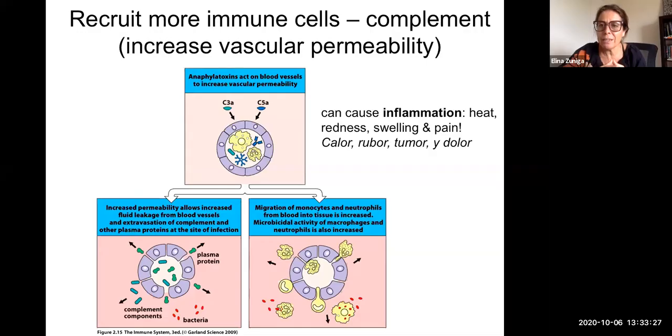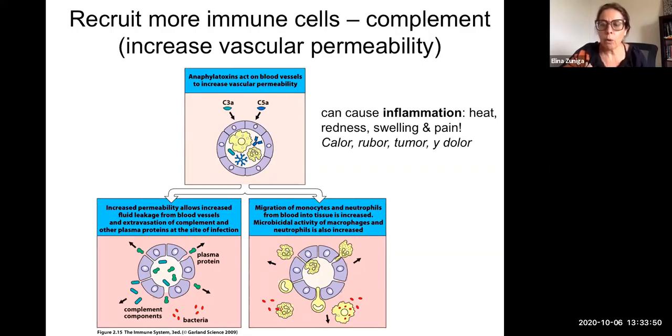Inflammation is characterized by heat, redness, swelling and pain. And so you should remember the features of inflammation. And not only remember the features of inflammation, but understand very well how they are caused.